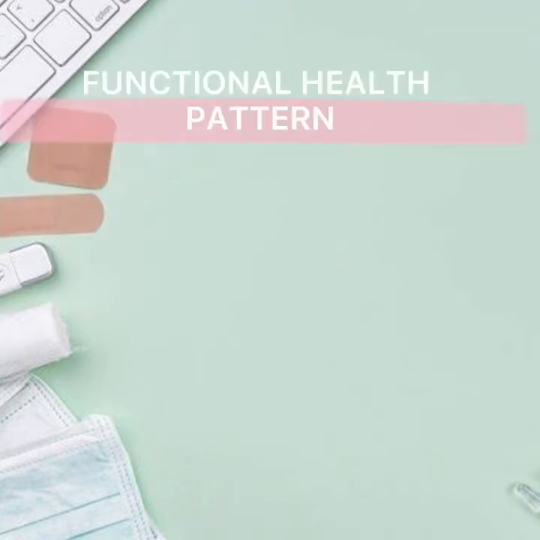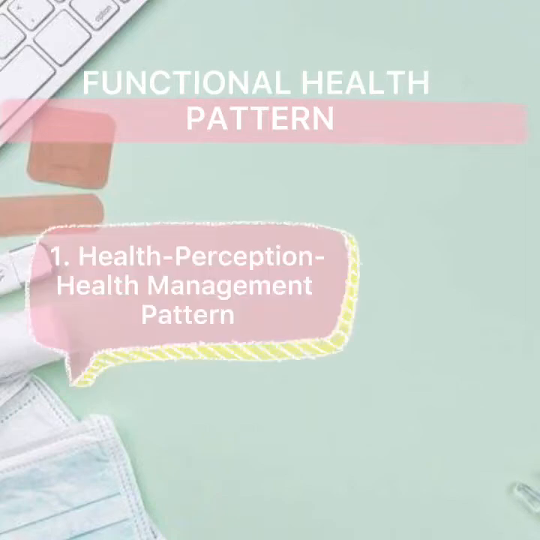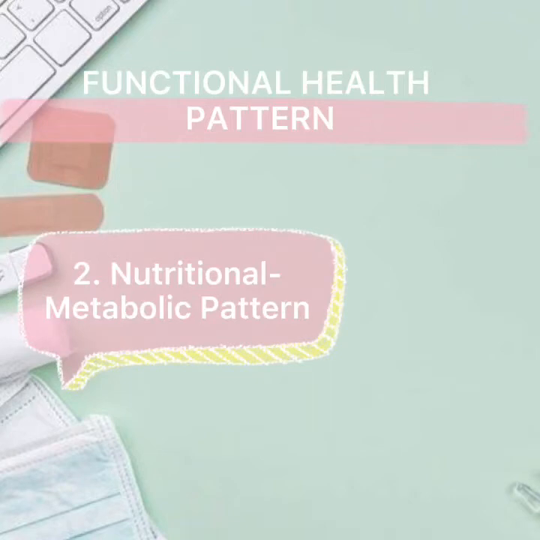Next, let's proceed to functional health patterns. Firstly, we have health perception, health management pattern. Ask the patient if there has been a perceived change in health status within the last several days, months, or years. Next, nutritional metabolic pattern.